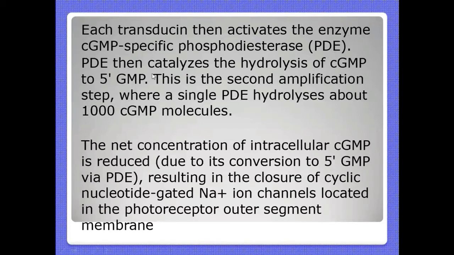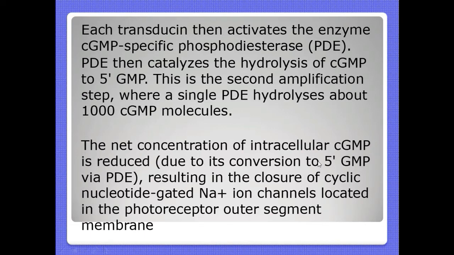This PDE catalyzes the hydrolysis of cyclic GMP to 5' GMP. This is the second amplification step in this photoreceptor mechanism, where a single PDE hydrolyzes about 1000 molecules of cGMP.